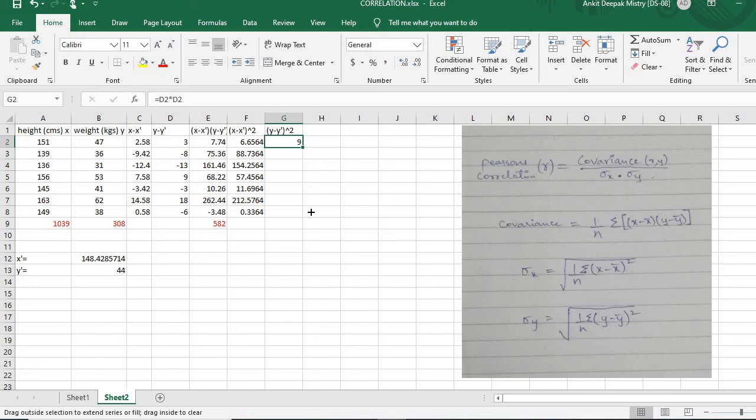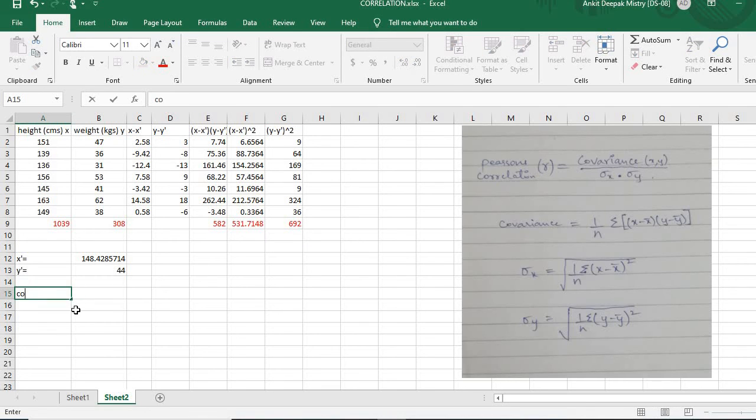And if we drag the whole thing, then we need the summation of x minus x bar whole square and summation of y minus y bar the whole square. So Alt plus enter, and here Alt plus and enter. So we have our sigma of x minus x bar into y minus y bar, sigma x minus x bar whole square, and sigma y minus y bar whole square.